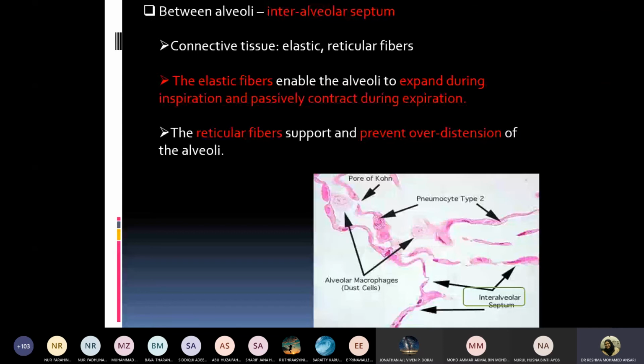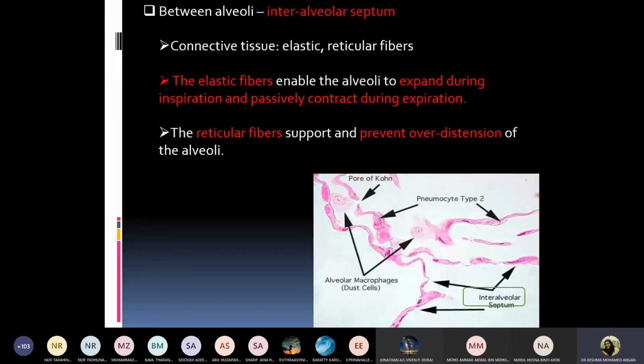When you breathe in, the alveoli expand. When you breathe out, there is an elastic recoil. But you don't just keep on expanding, so you need something to check the expansion. That is the reticular fibers. The reticular fibers will prevent over distension of the alveoli.